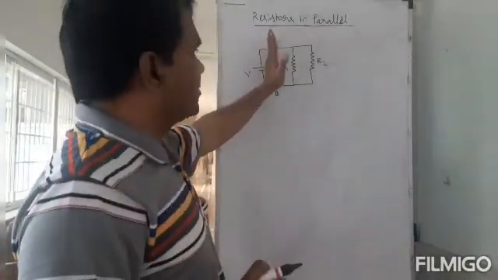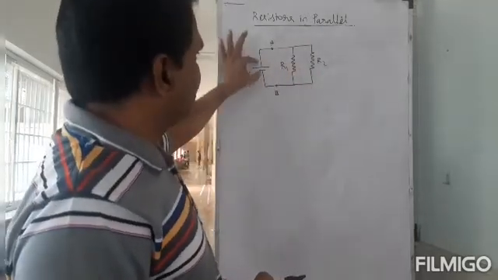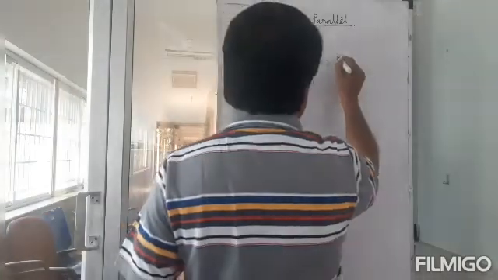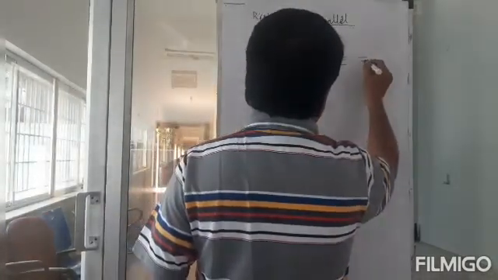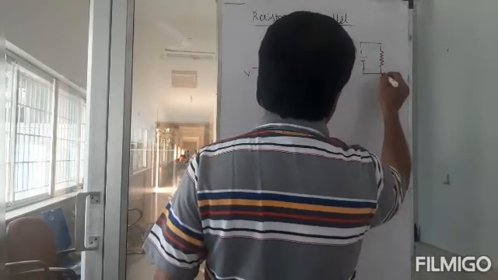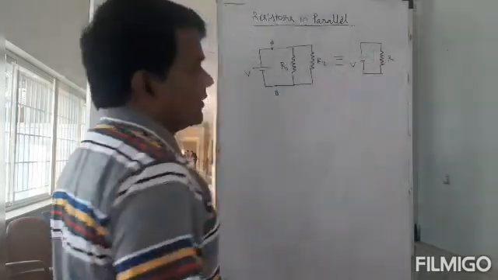And with reference to these points, these resistors are in parallel. See? Because I'm going to connect this battery, right? What is my intent? I'm going to replace this with a single resistor R. Okay? The same voltage, the same battery is connected here.